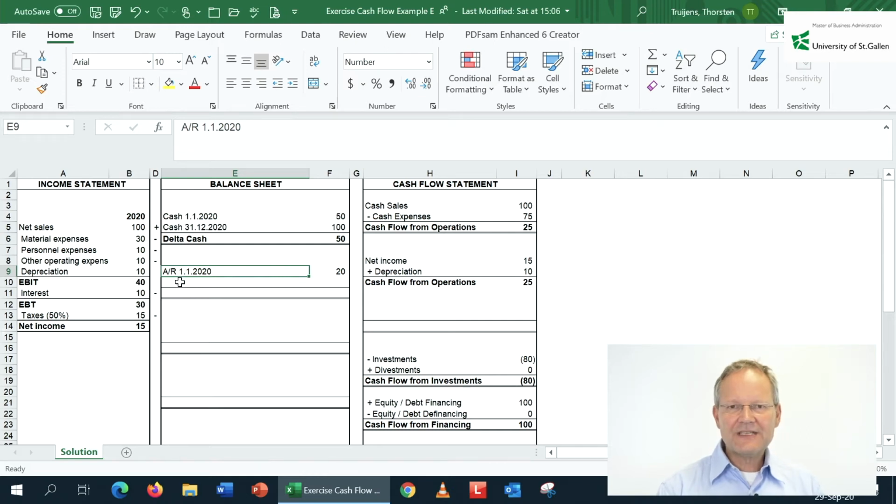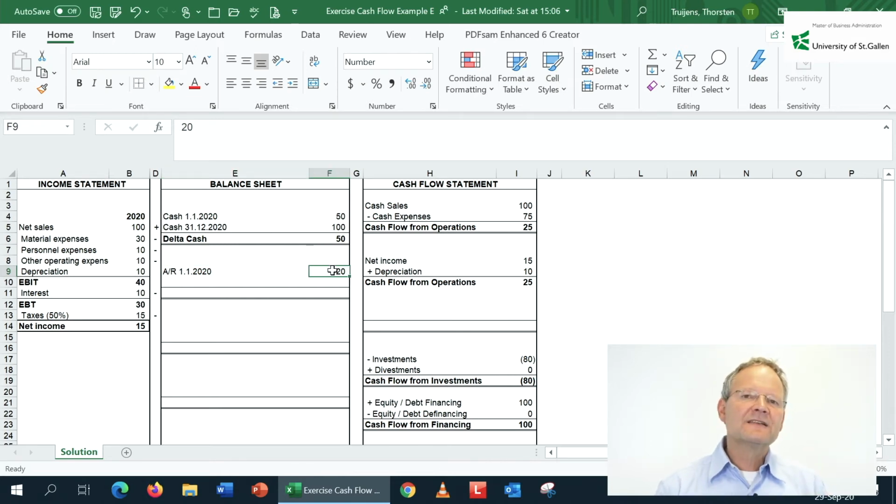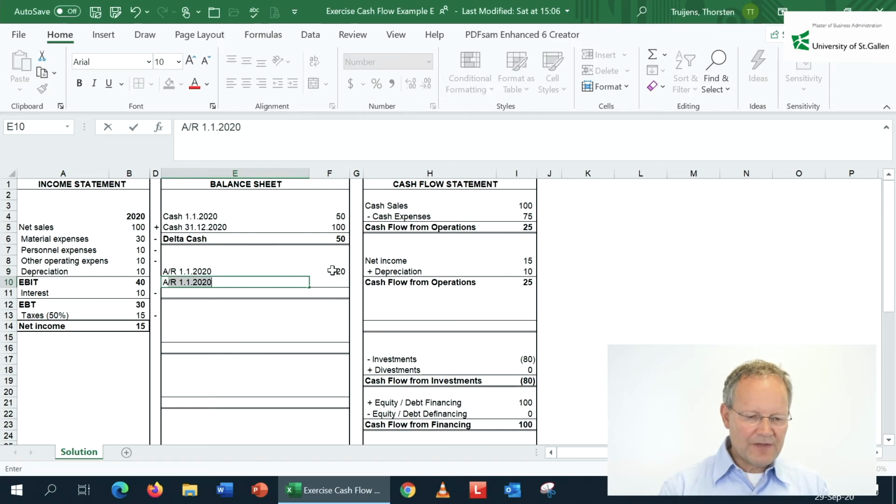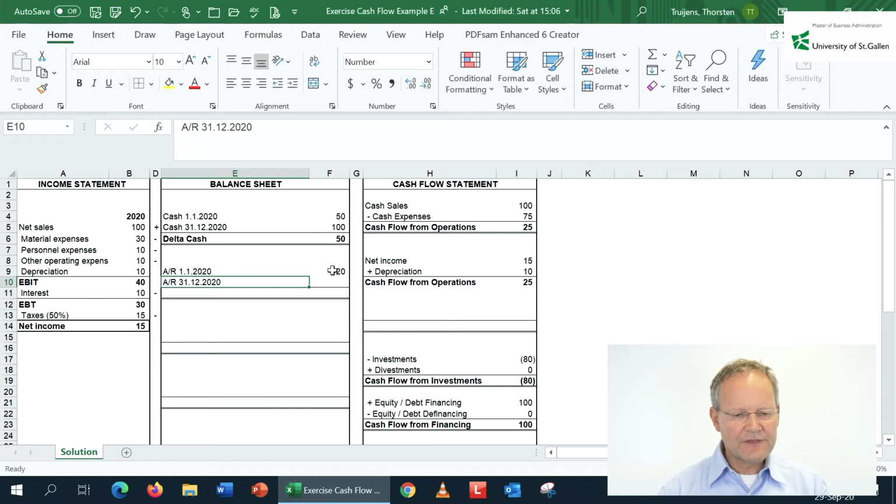Those guys still haven't paid what we sold them on the 1st of January 2020. So they owe us 20 euros at the 1st of January 2020. Now, the AR at year end, at 31st of December 2020, were 30 euros. So you can see now the customers actually owe us even more, 10 more.